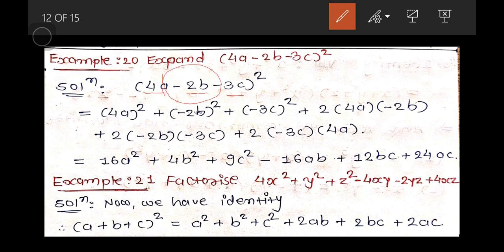the identity. We put y is equal to minus 2b and z is equal to minus 3c. We also consider this sign. Never forget that we put this sign with the variable.